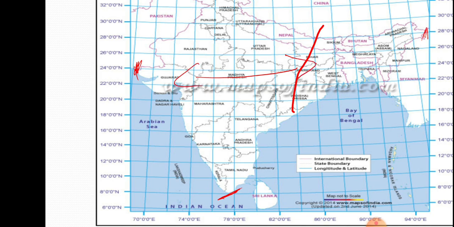Now each longitude has got 111 kilometers distance. So if we count, it is around 2,933 kilometers. So there is a difference in sunrise also. Suppose it is 5 o'clock in Arunachal Pradesh when the sun rises, Gujarat is still well behind, 2 hours from Arunachal Pradesh. So if it is 5 o'clock in Arunachal Pradesh, in Gujarat it will be 3 o'clock.